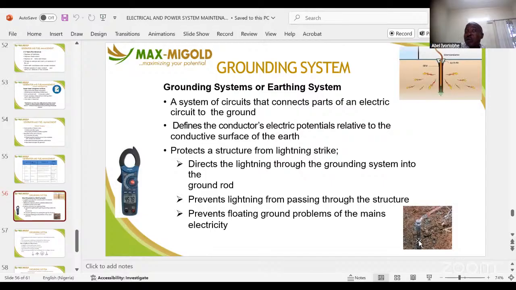it's supposed to be 0 ohms. But because of impurity in our environment, it might increase to 0.04, 0.05. When it's beyond 1 ohm, if the value is beyond 1, you start raising alarm.